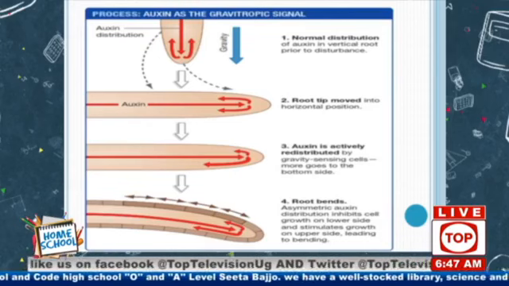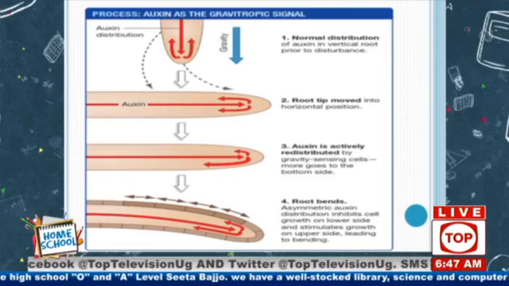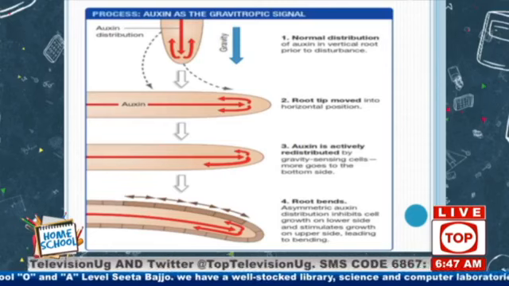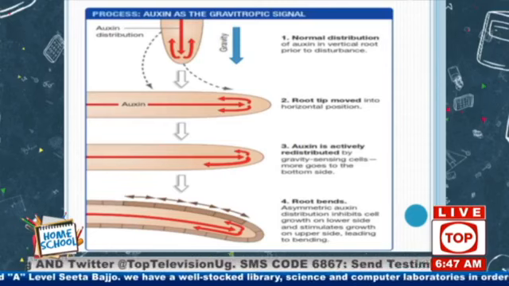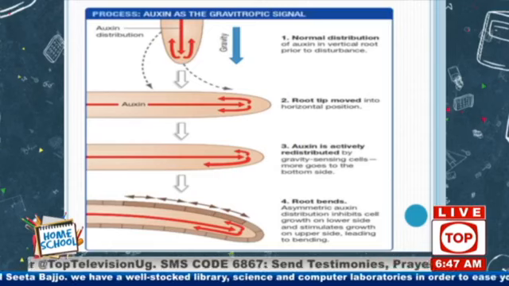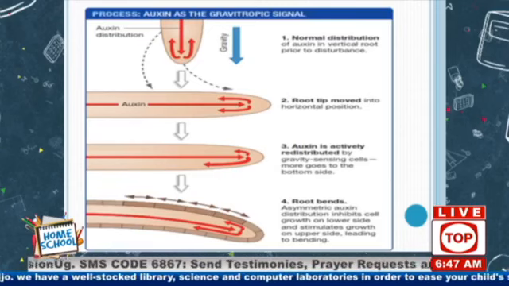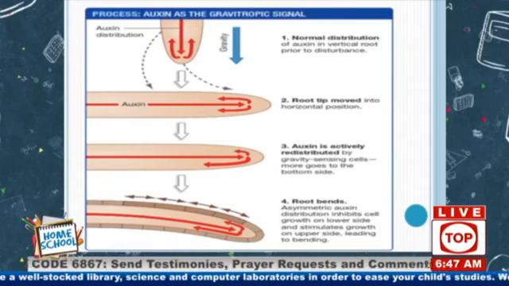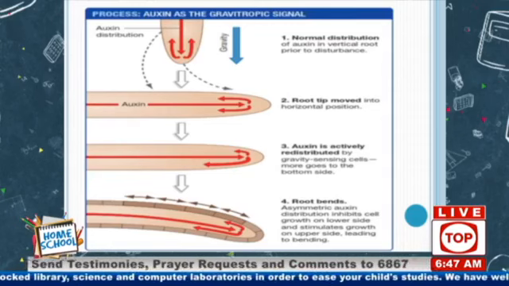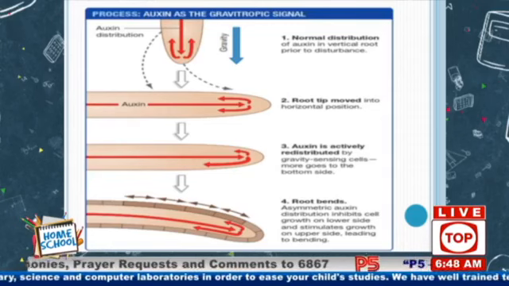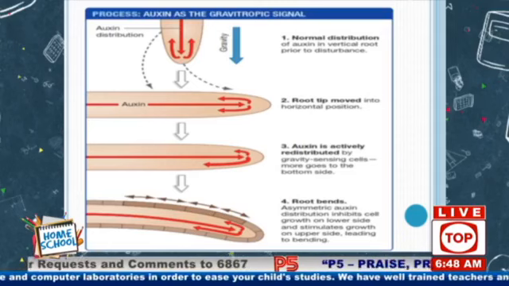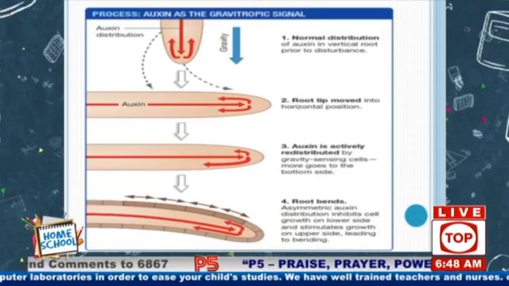So we are saying, where the gravity is most is where auxins will be distributed most. Yes? And we are saying, as a result, asymmetric auxin distribution, auxins inhibit growth on the lower side, and therefore the upper side is going to grow faster, resulting in bending.